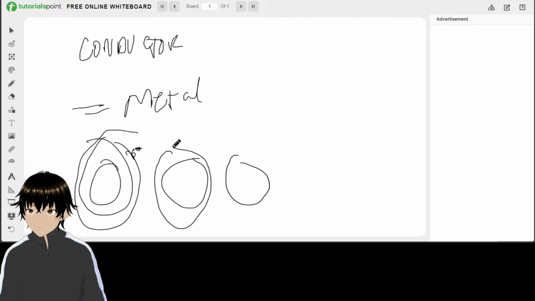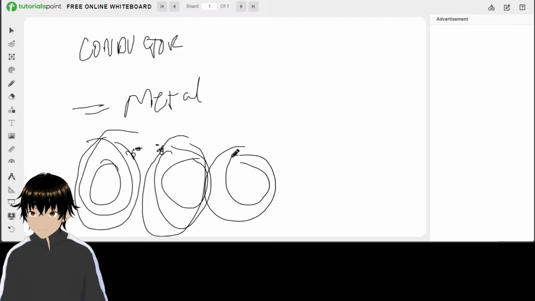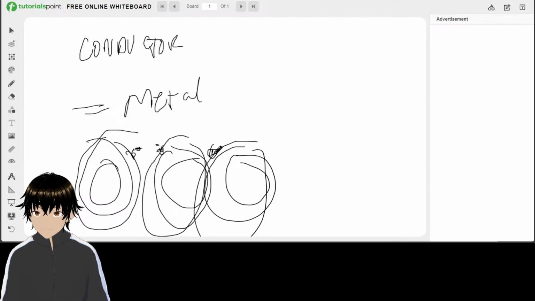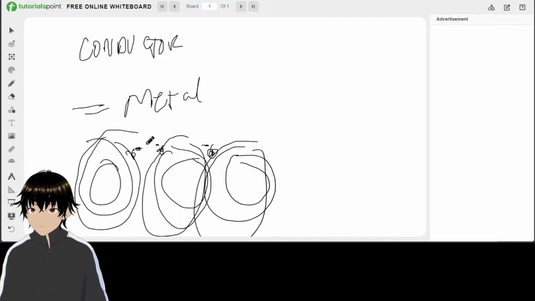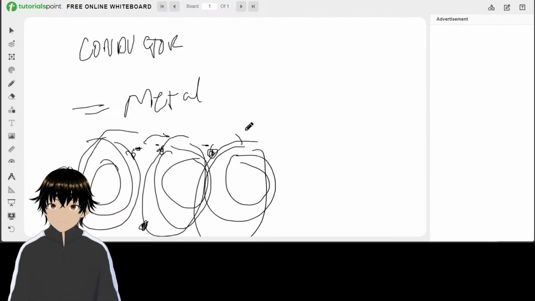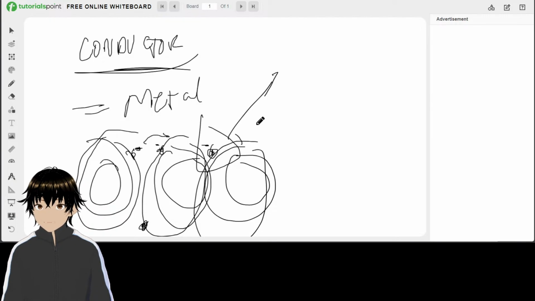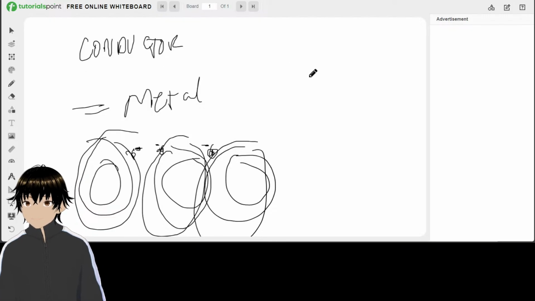So these are metal atoms, and these are the valence electrons. You can easily pull them apart and they can just be free from their nuclei, and that's what you call a conductor: valence electrons that can easily be pulled apart from the source atom.